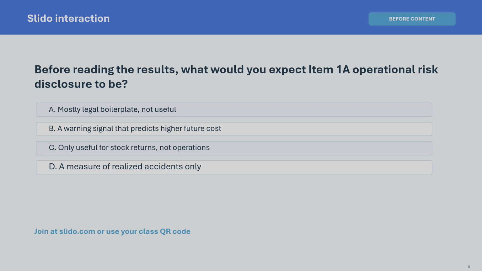Using 1A, what would you expect 1A to be? A or B? Or C? Or D?